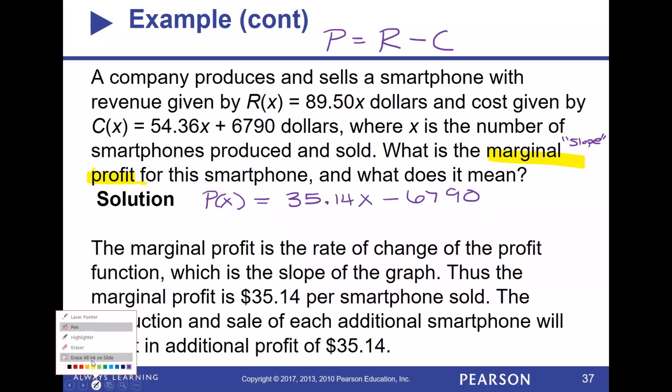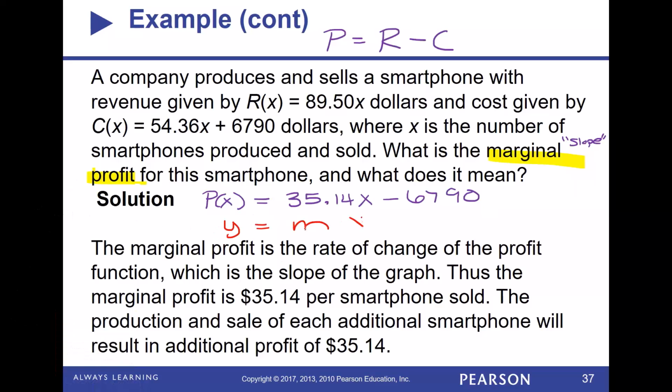And again, if you need to, on the bottom underneath there, remind yourself y equals mx plus b. Again, m being the slope itself. And since m is the slope, we can see that's where that 35.14 comes from. Now again, the word marginal is what is telling me that I need to go for a slope. Okay, so that was actually our nice, lovely section there. And hopefully, if you have questions, reach out to your instructor if you need a little bit of extra help with that.